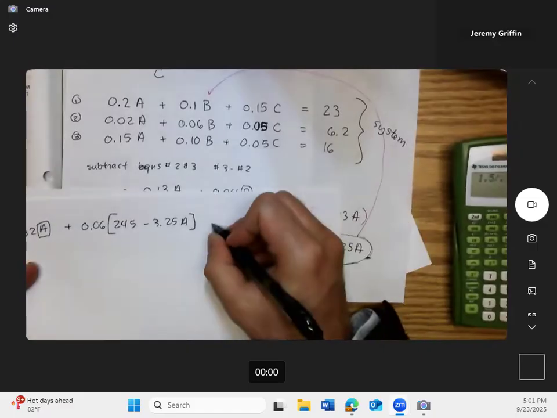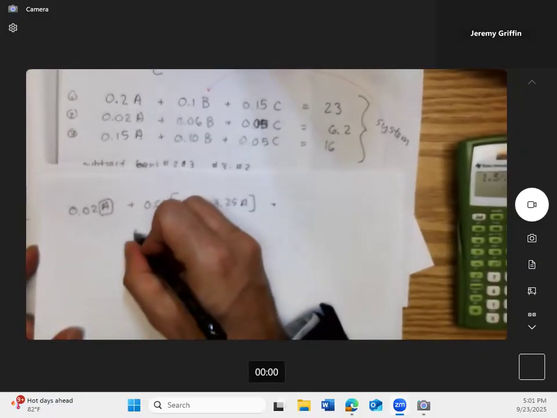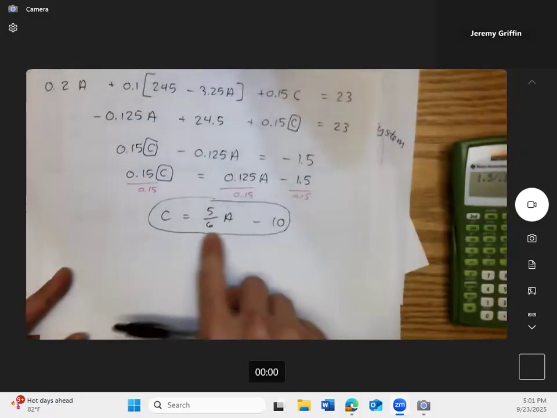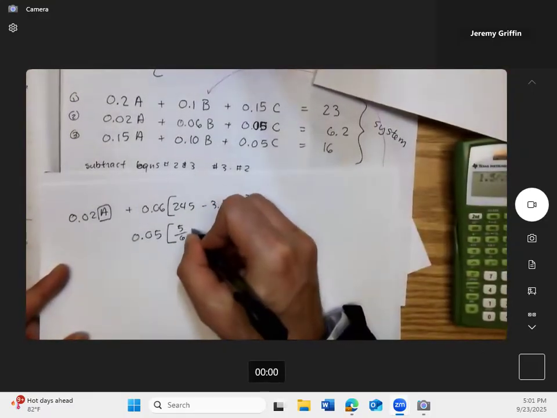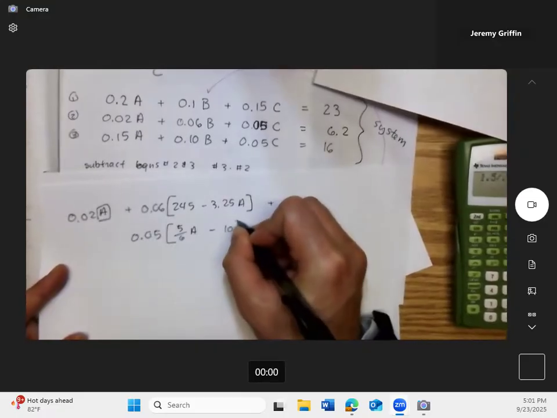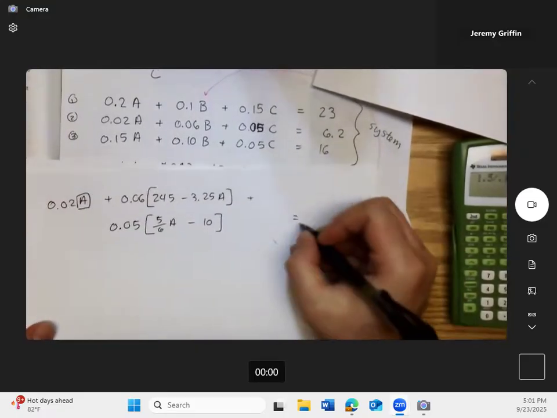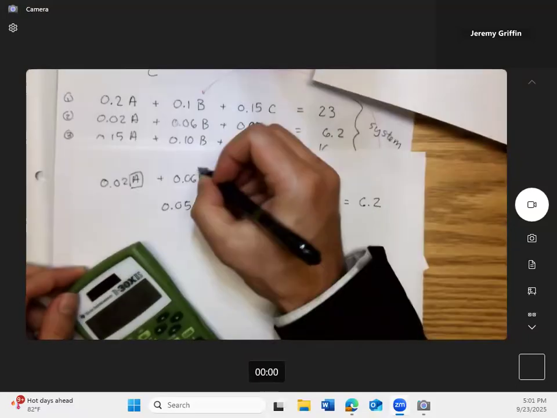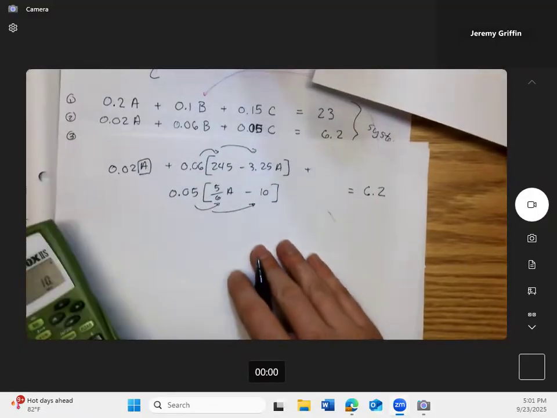And then plus 0.05c, but instead of c, I'm going to say this expression right here, 5/6a minus 10. So all this adds up to 6.2. Let's distribute and try this out here.